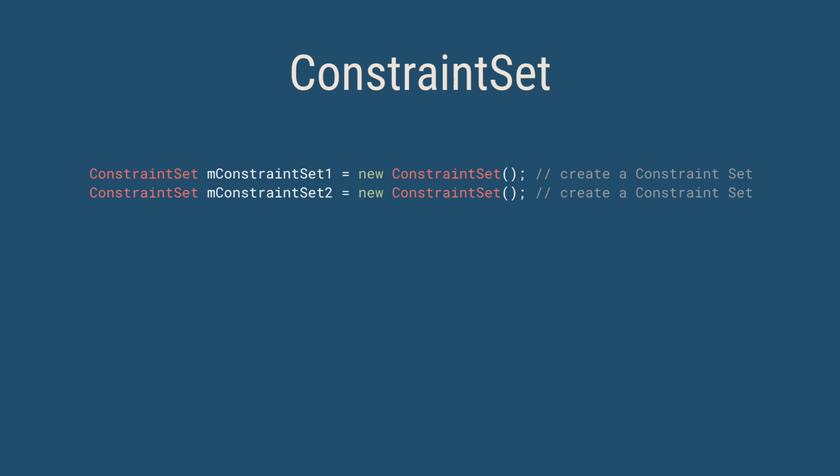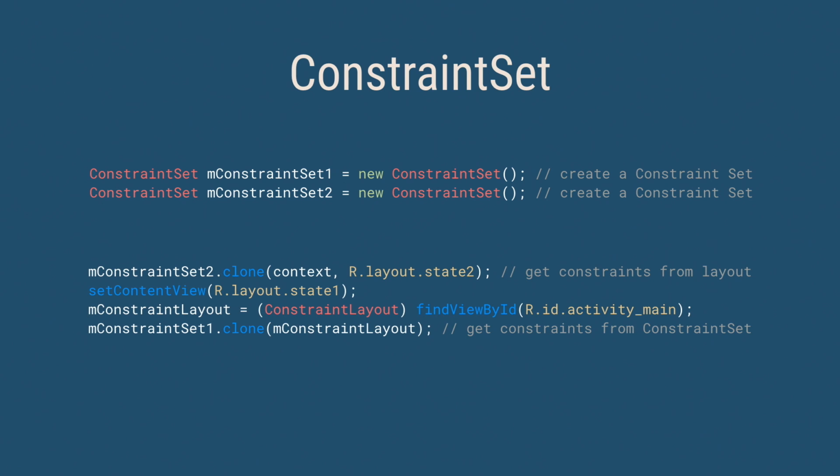This is a very simple example, and we create two constraint sets. In the first one, we clone, so basically we're copying the contents of that layout into the constraint set. And we then also set that constraint set on the screen. Then we go find the other layout, and without even inflating it in the traditional sense, we create a copy of that constraint set.